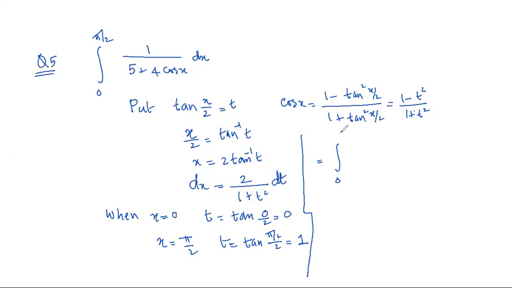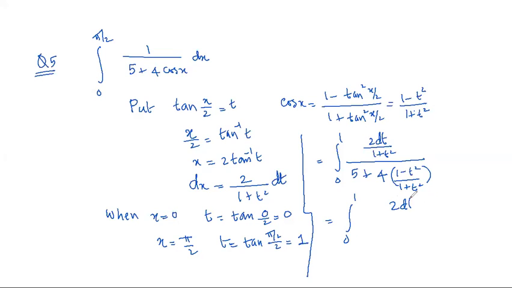This integral will become 0 to 1. In place of dx, 2 dt upon 1 plus t square. In place of cos x, 1 minus t square upon 1 plus t square. So we have changed everything to t.